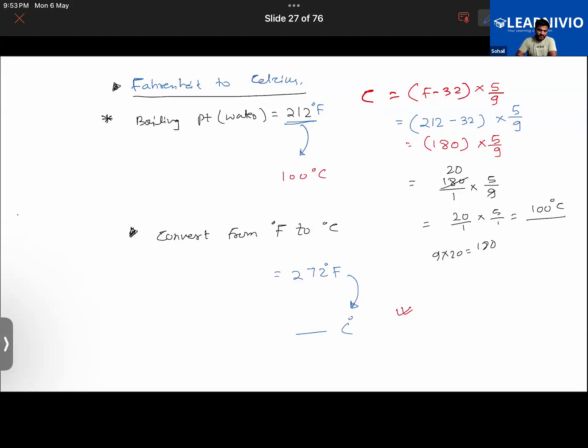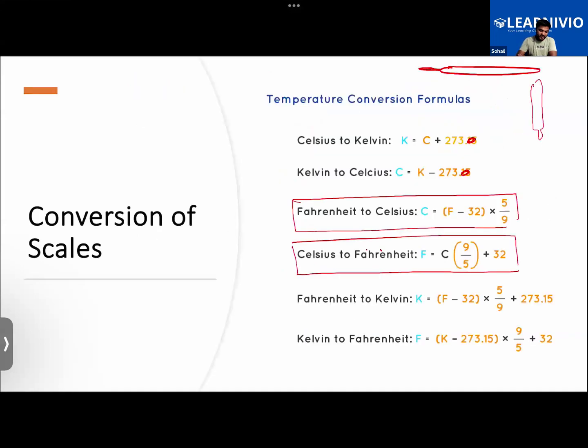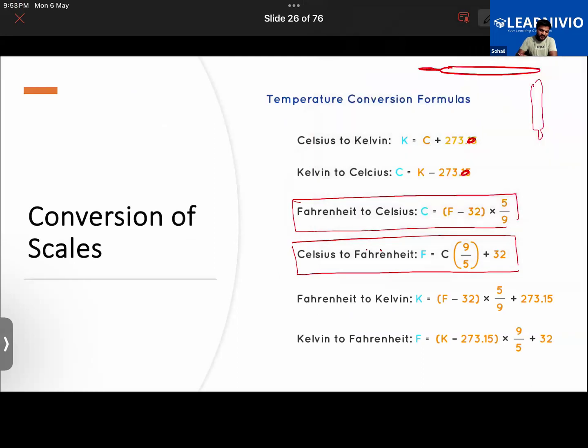So you have got another formula for that. The required formula is F equals C times 9 upon 5 plus 32. Now let's do this one also.